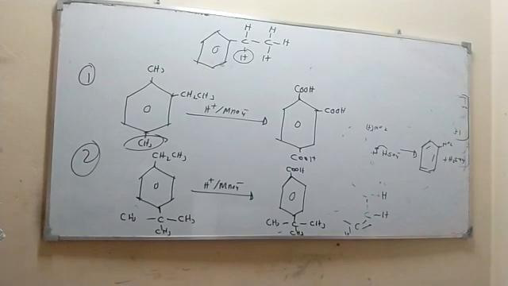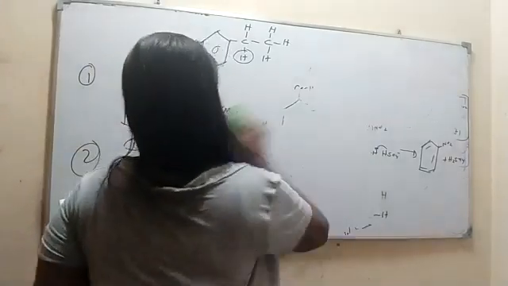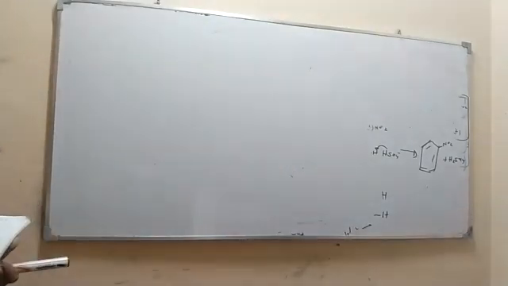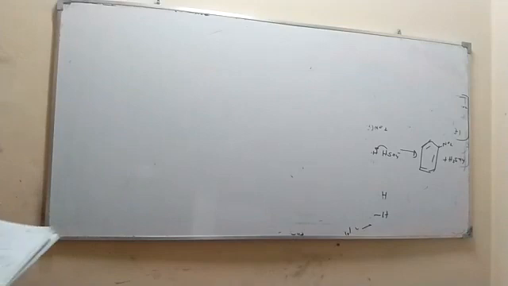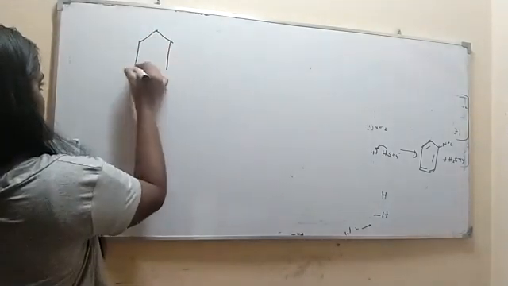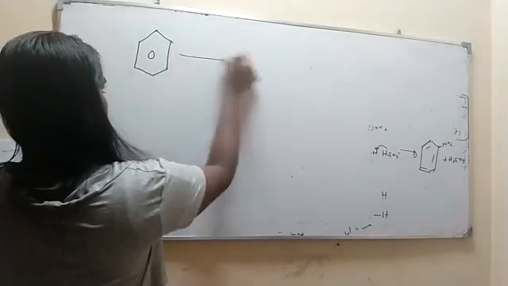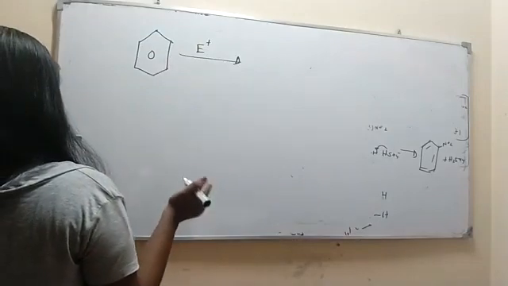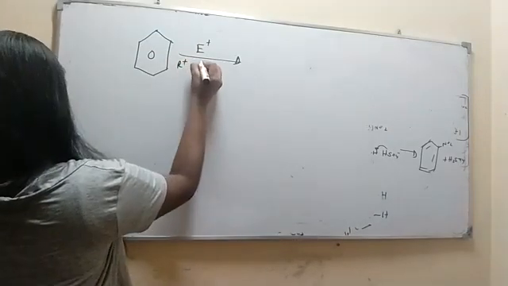Okay, next one. Within that subheading, put hydrogenation. Now, up to now, for a normal benzene ring, we added E plus. That E plus means Cl plus, Br plus, R plus, RC double bond O plus, NO2 plus. You can put a short note and keep it like that.